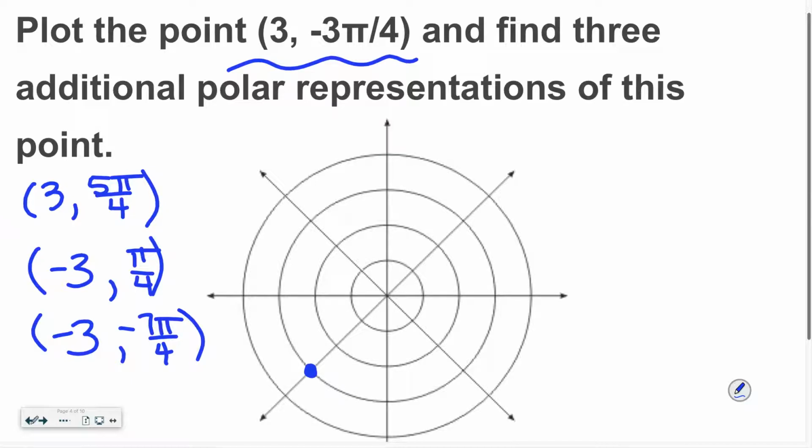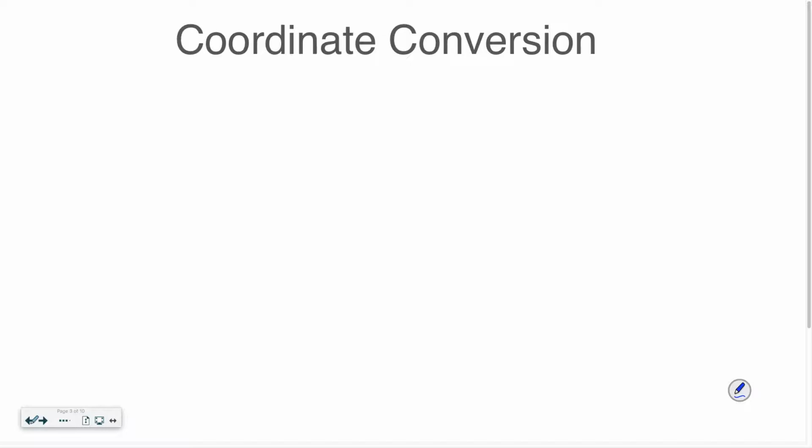Okay, so let's think of the trigonometry behind this. I'm going to just throw a coordinate up here. If I were to plot that point in rectangular form, how would we get there? Use words, Max. You would go right.